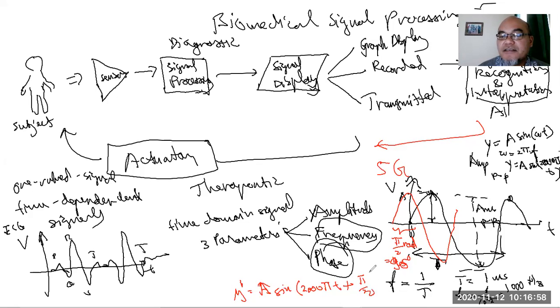So this is the phase. Because at t equals 0 it already has a phase of pi over 2, or 90 degrees, the value of the red one is 1, not 0 anymore. Okay, that is now clear.